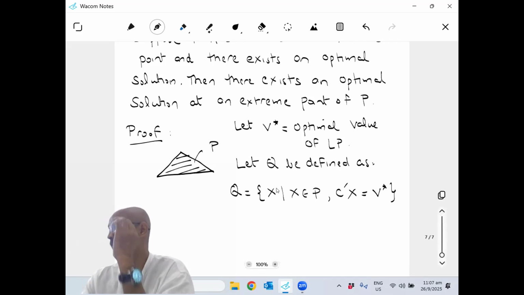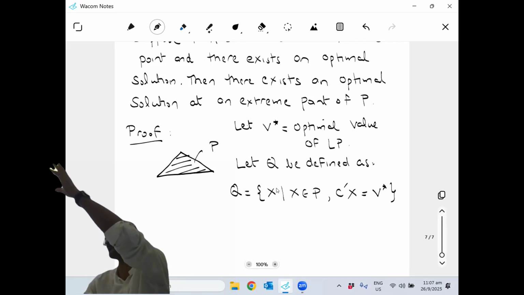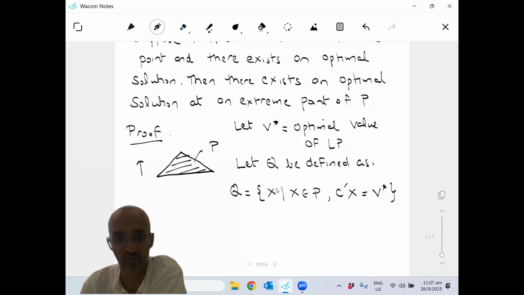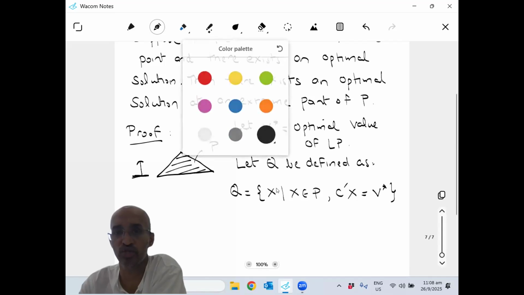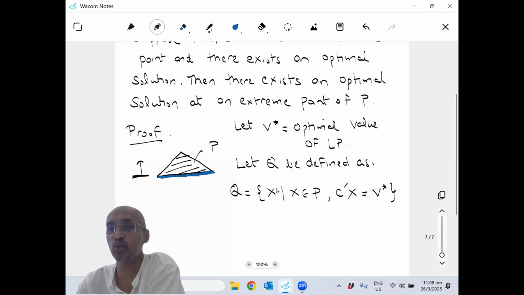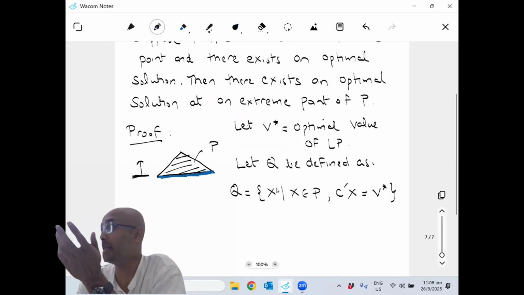Suppose I solved the LP and found the optimal objective function value was, let's say, 10. Find all points which give an objective function value of 10. For example, if this is my polyhedron and my objective function is increasing in this direction, then my optimal solutions, this set Q, are all these points. It's basically this line.